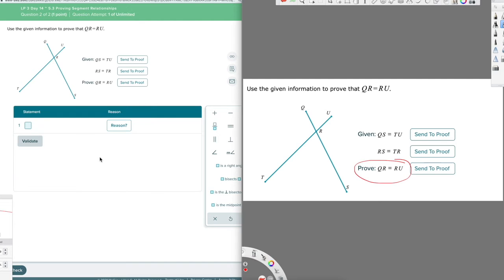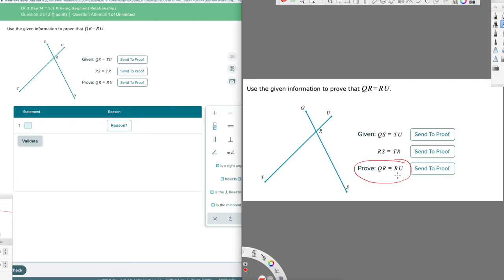Well, I knew that because I went ahead and solved it so that I could do the notes pages. But on here, we don't know how many steps there are. So we have to pay attention as we go, because I don't know exactly how many steps to plan on. But I do know my last step will be QR equals RU.